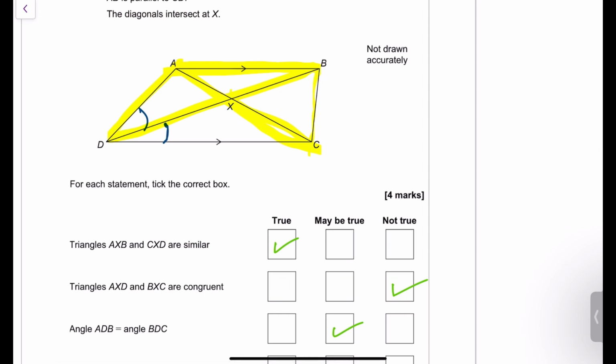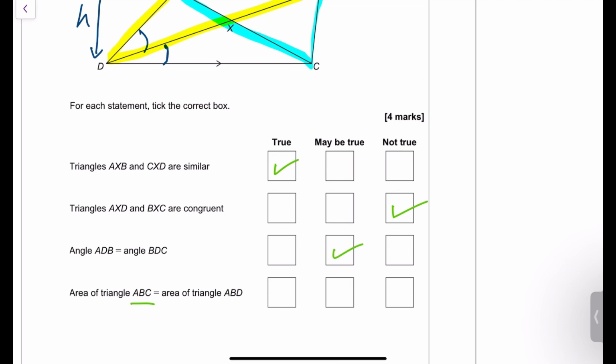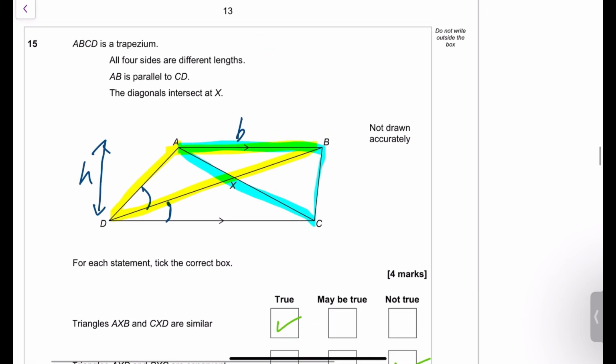Okay, now let's look at these individually again. So this first triangle, we'll use this one, this triangle here. If that's its base, then that's its perpendicular height. Now we'll look at the other triangle. It was ABC. There's its base, and its perpendicular height is the same. So that is true, in fact. Very good. What a good question. I like that. Well done, AQA.